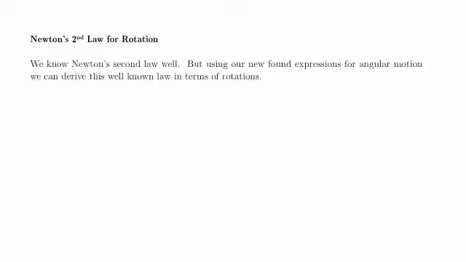Newton's second law can be rewritten now. We start off with F equals ma, but we know that torque is equal to R times F when they're acting perpendicular, and a is equal to R times alpha. Having these definitions, we can make a few substitutions. Torque over the radius is equal to F, and a is equal to R alpha. We can simplify and rearrange: torque is equal to m r squared alpha.